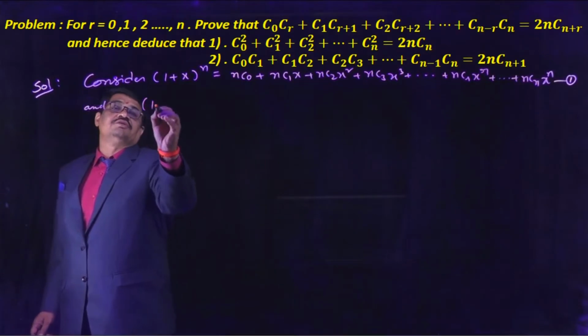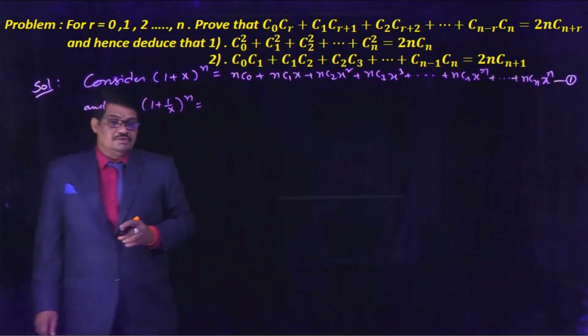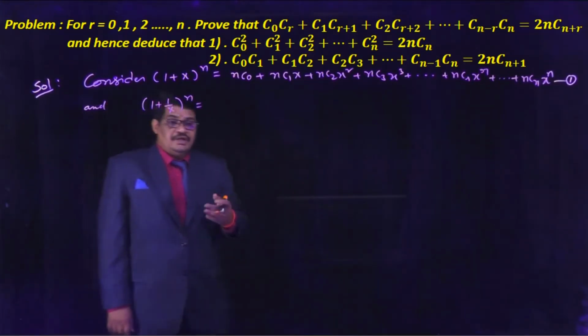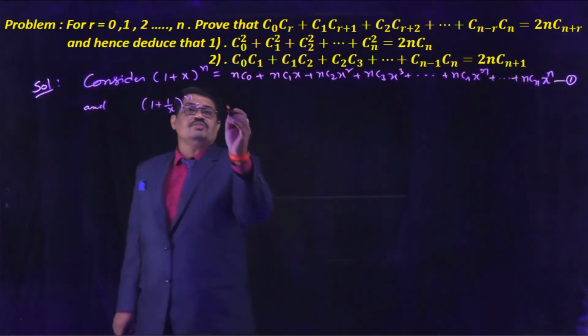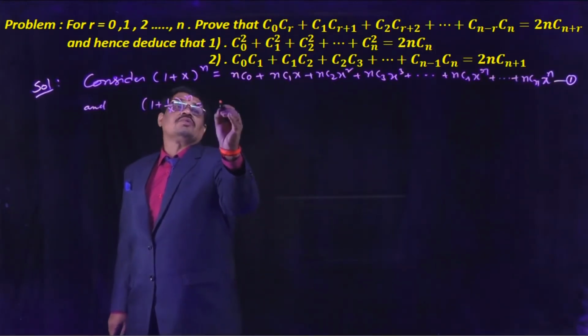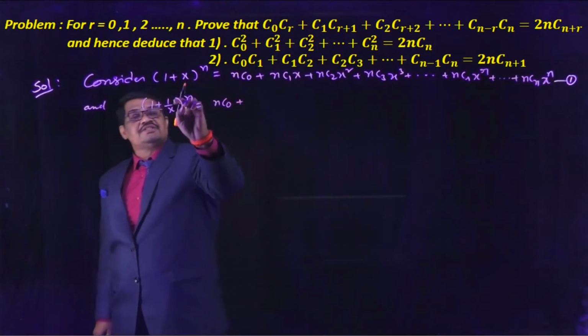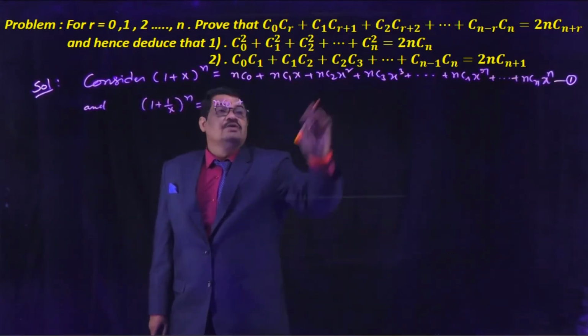And another expansion, that is (1 + 1/x)^n. In that expansion, in the place of x we are writing 1/x.